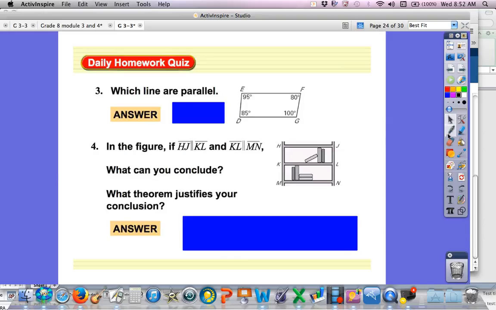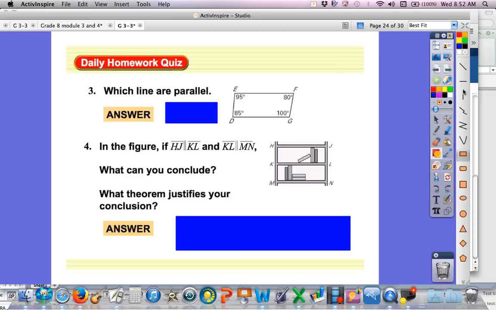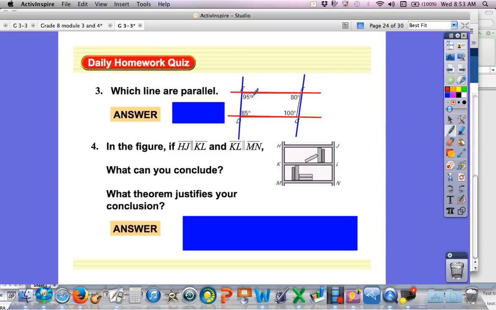Which lines are parallel? So what you would need to do here, let me help you. Trying to figure out, are the blue lines parallel? Or are the red lines parallel? Or are both? 95 plus 85, okay, that would be 180.